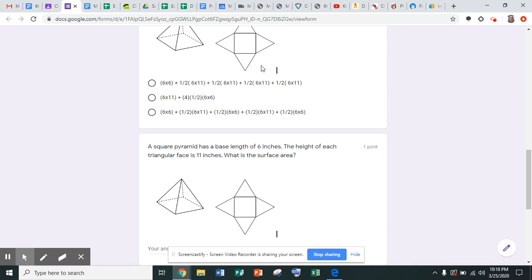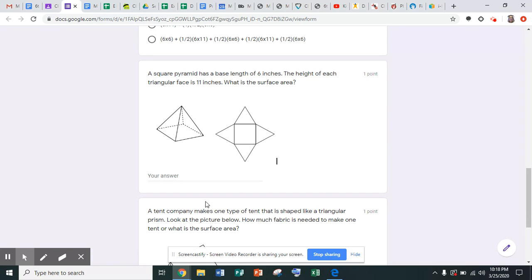So whichever formula you think is correct, you want to solve that for the surface area. Again, it's going to be the square plus the area of 1, 2, 3, 4 triangles. All you have to do is find the area of one triangle, then add all 4 of them up, find the area of the square, and add all 5 of those numbers up.